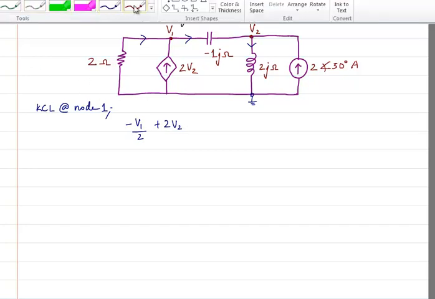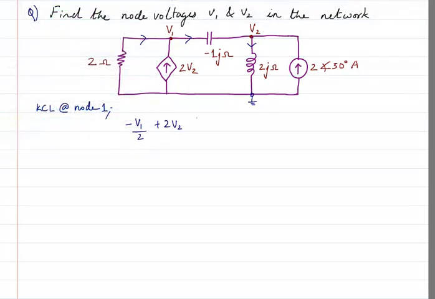So this is going to be minus (V1 minus V2) by minus 1j is equal to 0.